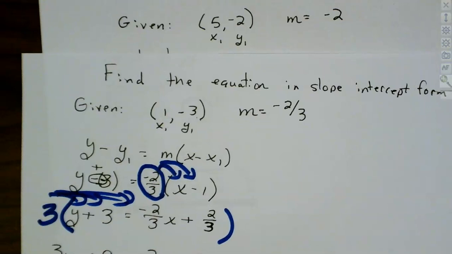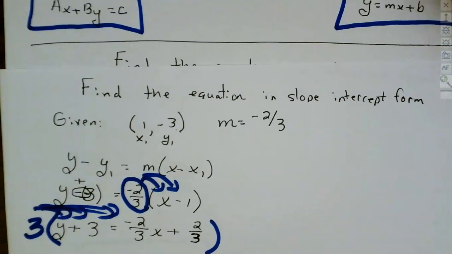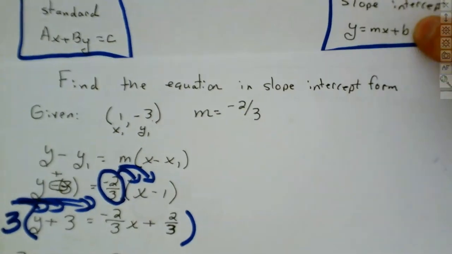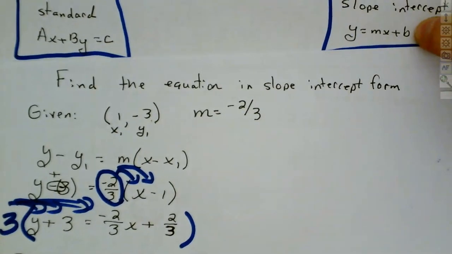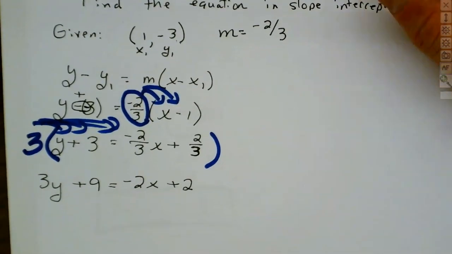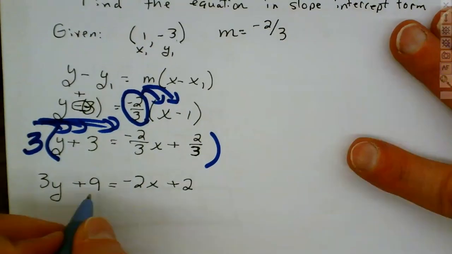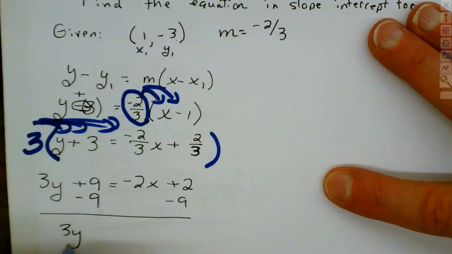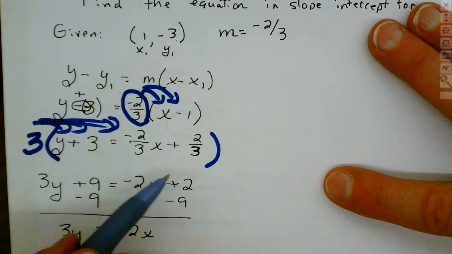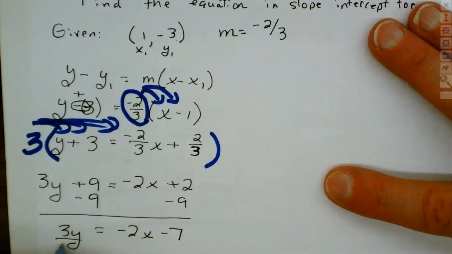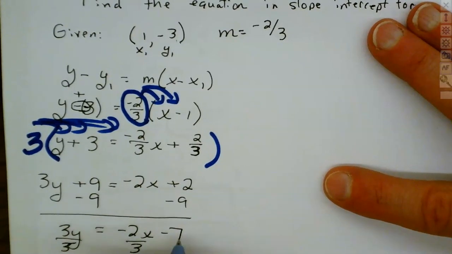And what do we want our answer to look like? We need to make sure our answer looks like what? We want it in slope-intercept form. So it needs to look like that, right? Slope-intercept form looks like that. You just follow this flow chart. So this is what we've got. We need to solve it for y. So I'm going to move the 9 over. And that leaves you then with 3y equals a minus 2x. 2 minus 9 makes it a minus 7. And we'll divide by our 3 everywhere.